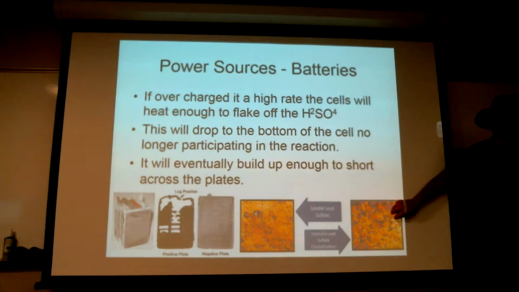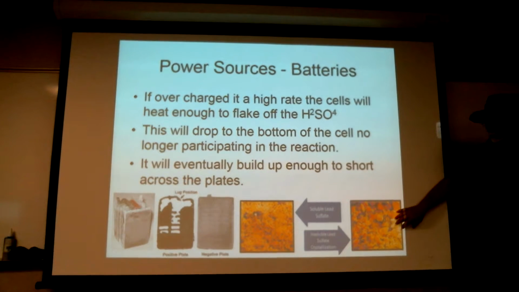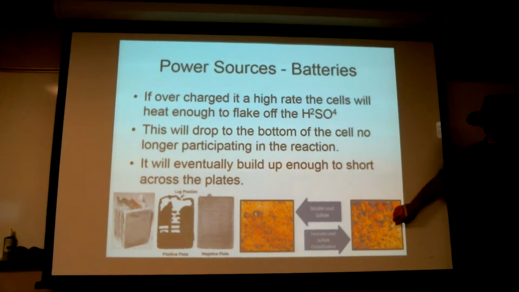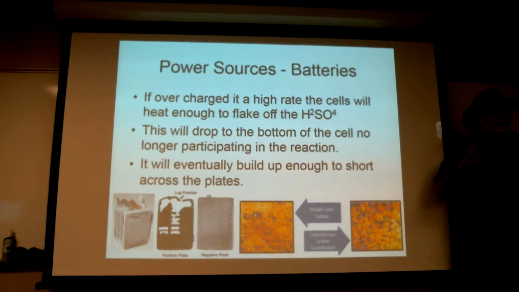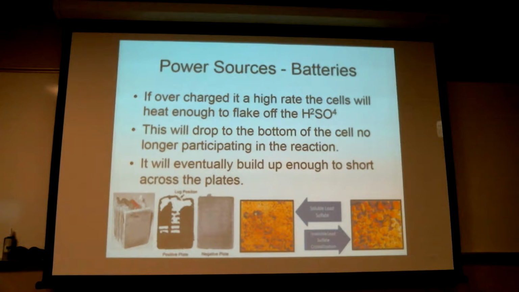But if you end up with big, huge nodules like this, they don't conduct well at all. And as this thing goes to recharge, particularly if it gets hot, the smaller nodules tend to dissolve and form back into sulfuric acid and lead peroxide. But the big nodules tend to just break off. And once they disconnect from the plate, they're no longer electrically in the circuit. So they migrate their way down to the bottom of the cell and just sit down there, not being a part of the game.